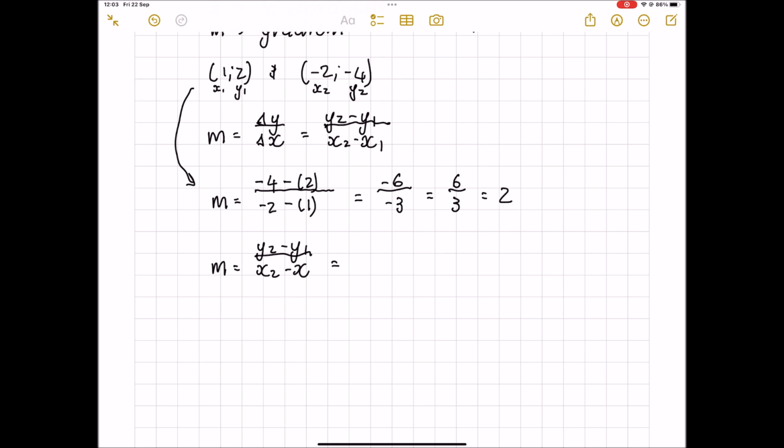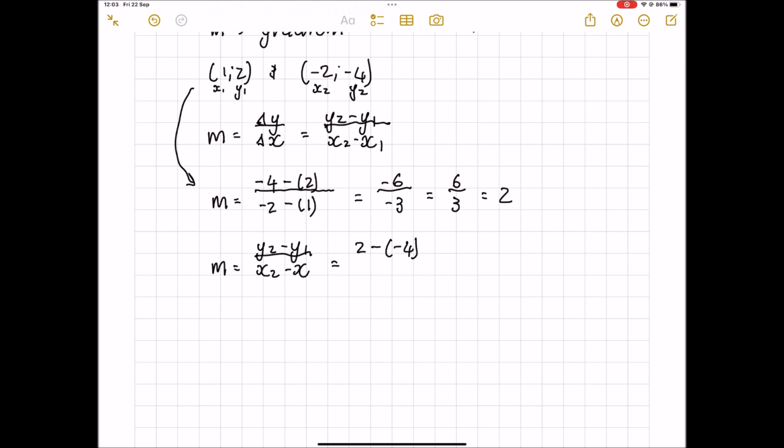We used -4 and -2 in the previous one, but we are going to switch them around now. So we'll say 2 minus (-4), and remember to put it in brackets, because the equation says y2 minus y1.